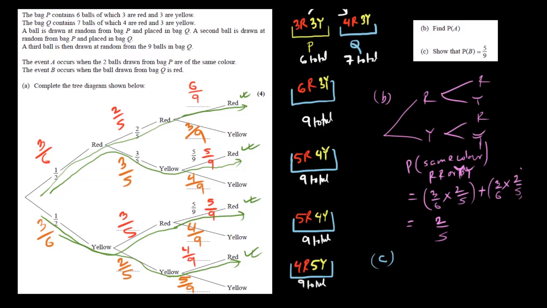So in order to do that, probability of getting the final item from bag Q to be red. So the final one is a red. It's more or less like option 1, option 2, option 3, yes, no, yes, no. The red yellow is a yes, no option.